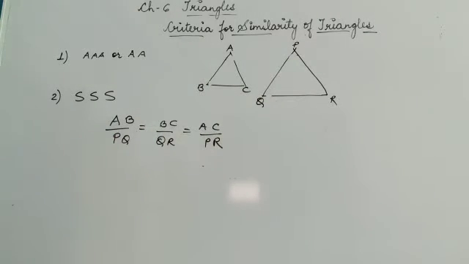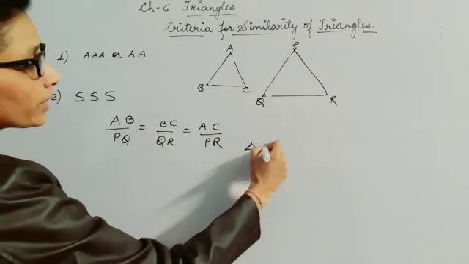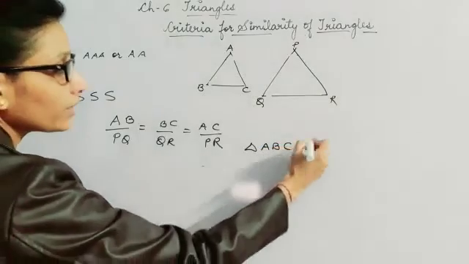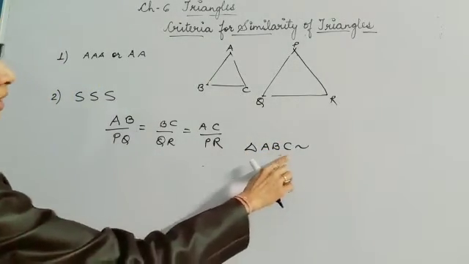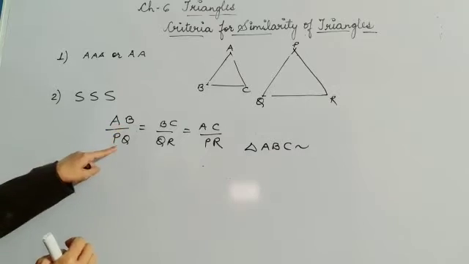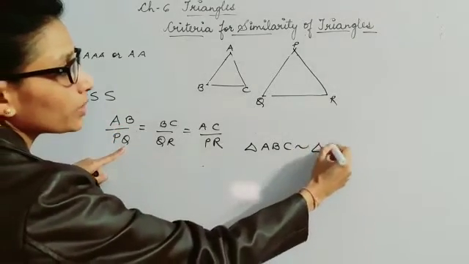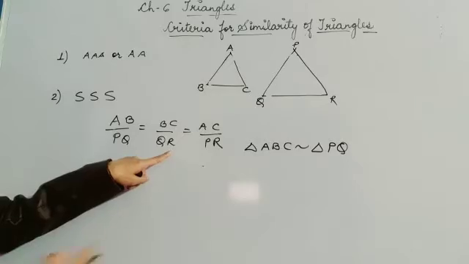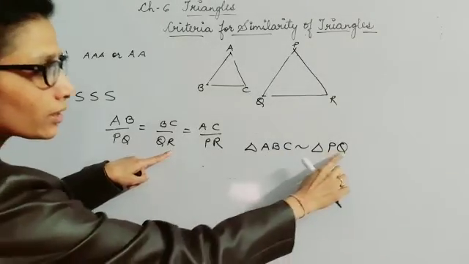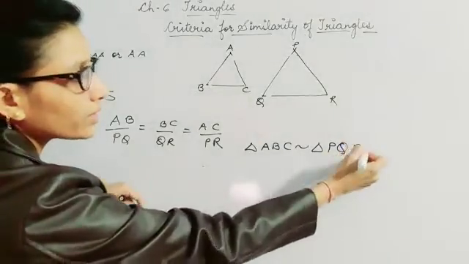So I can say triangle ABC, but again here you need to be very careful. I have written triangle ABC. Now you see, you have written AB by PQ. That means PQ will come first, and then here you have written BC by QR. BC, QR. So you will be writing it like this.